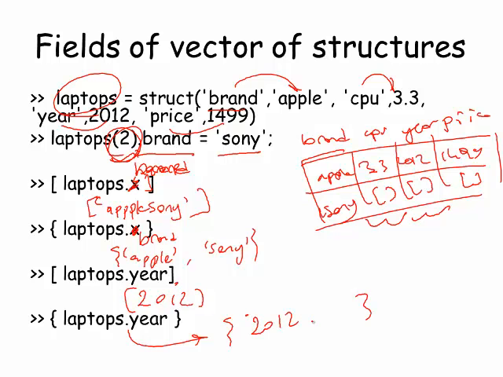The first one being 2012, a single number. The second one being an empty matrix. So when you use curly brackets to collect fields of a structure array, you would be creating a new cell array with each of the elements in the structure array. If you use square brackets, you are putting things together.